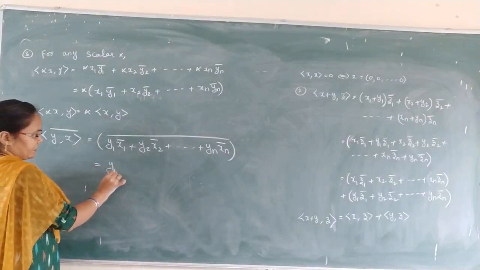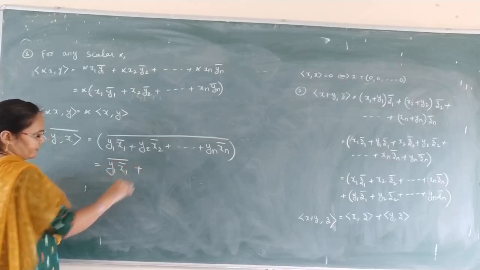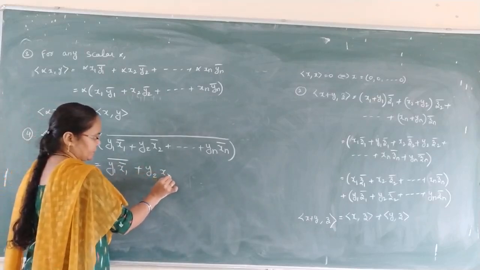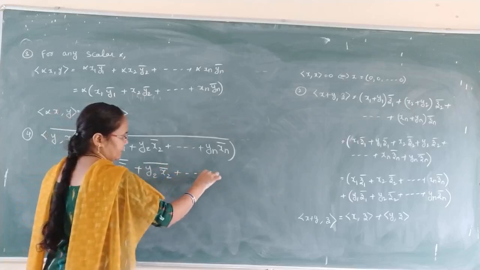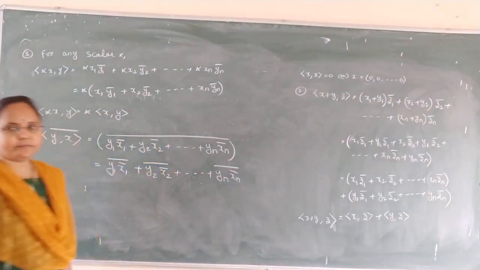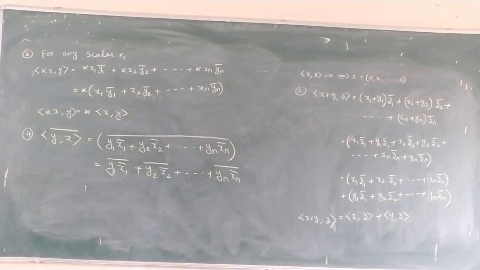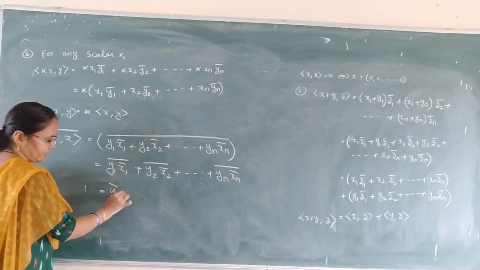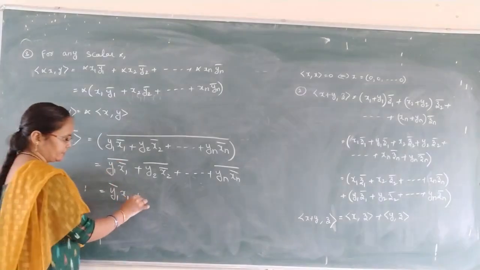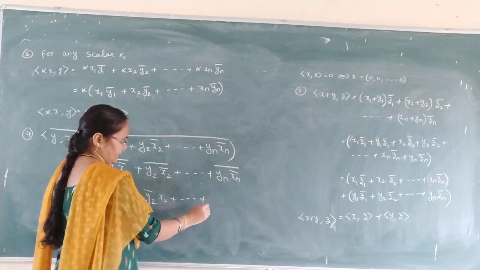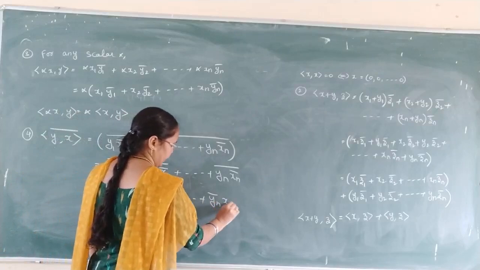Then our next line is y1 x1 bar whole bar plus y2 x2 bar whole bar so on plus yn xn bar whole bar. Now we are applying the bar separately to every term, that is y1 bar x1 double bar is nothing but x1, plus y2 bar x2 so on plus yn bar xn.